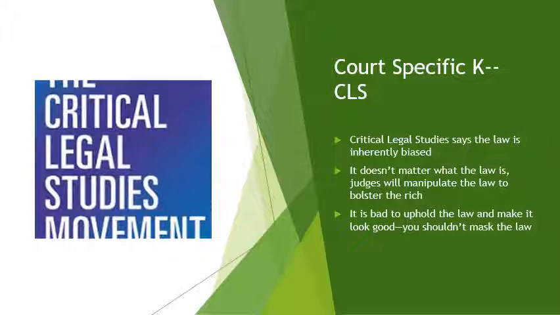They could just cite different precedents, they could come up with different judicial reasoning, and they can do whatever they want, which means no matter what precedent you think you're setting through the Supreme Court, it will be ineffective because the law is indeterminate and it will make no positive change. It is bad to uphold the law and make it look good. You shouldn't mask the law. We should operate through grassroots movements.